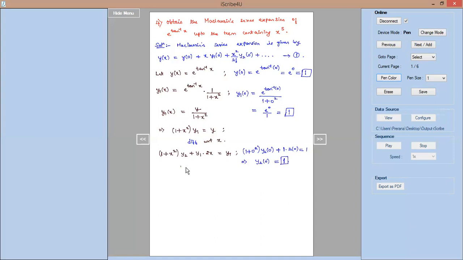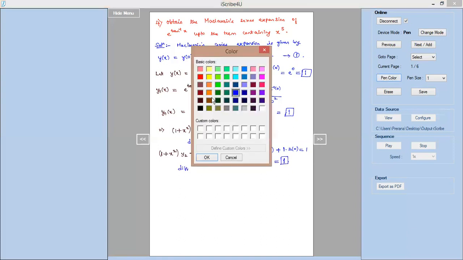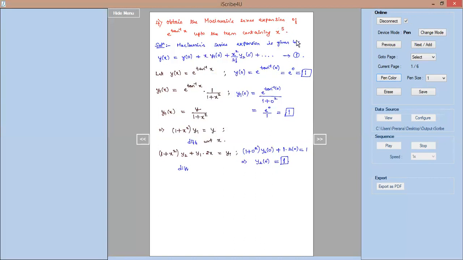Next differentiation we have to obtain, again applying product rule. Until what degree terms do we have to differentiate? Until the 5th degree term, because the expansion contains x power 5. Now we have obtained y2. Next differentiation will fetch us y3. So product rule again. This gives us 1 plus x square into y3 plus y2 into 2x plus 2x into y2 plus 2y1 into 1 is equal to y2.